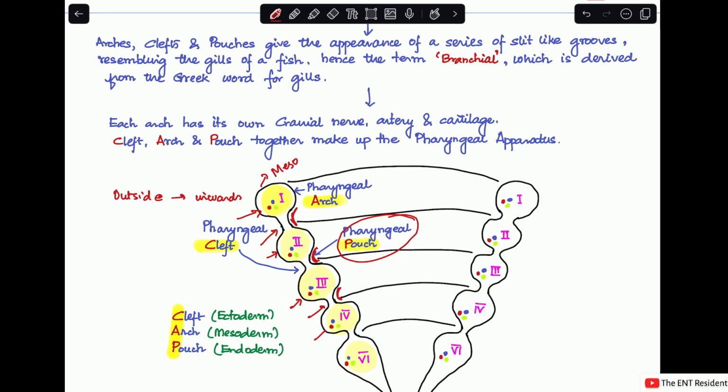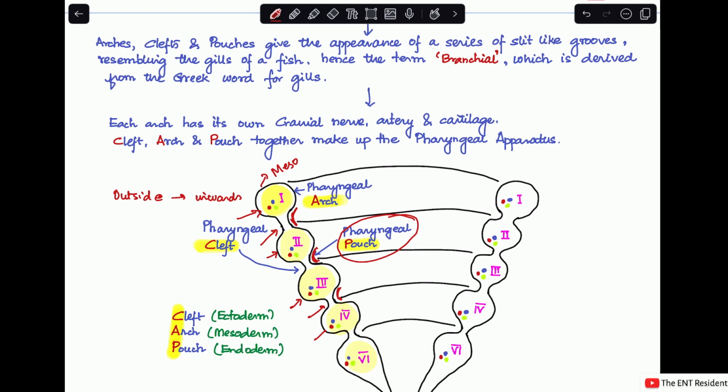The blue dot is the cartilage, the red dot is the artery, and the green dot is the cranial nerve. So each mesodermal arch or the pharyngeal arch contains its own cranial nerve, artery, and cartilage, and this cartilage will develop into different structures of the head and neck. And why do you think these pharyngeal arches are also known as the branchial arches? That's because the arches, clefts, and pouches give an appearance of a series of slit-like grooves.